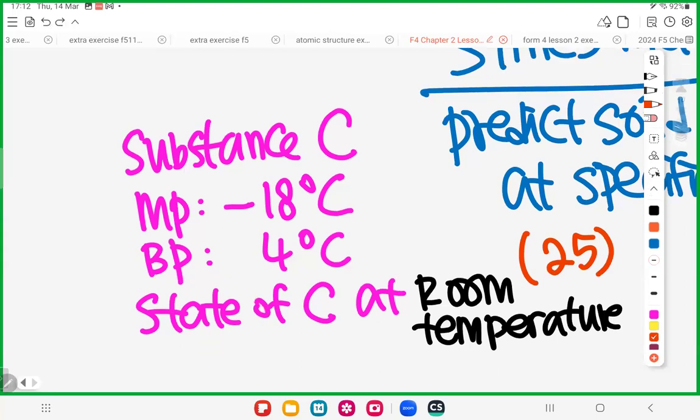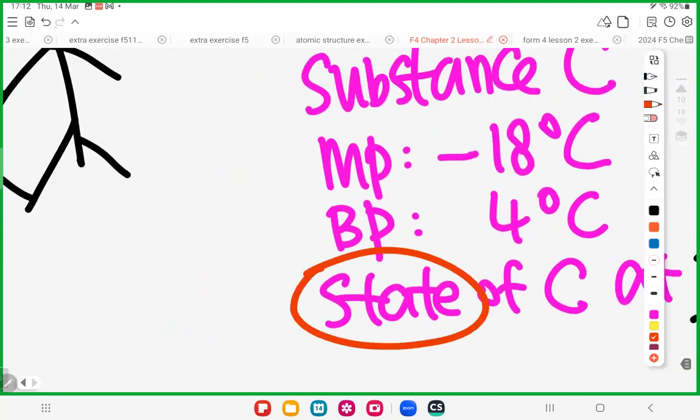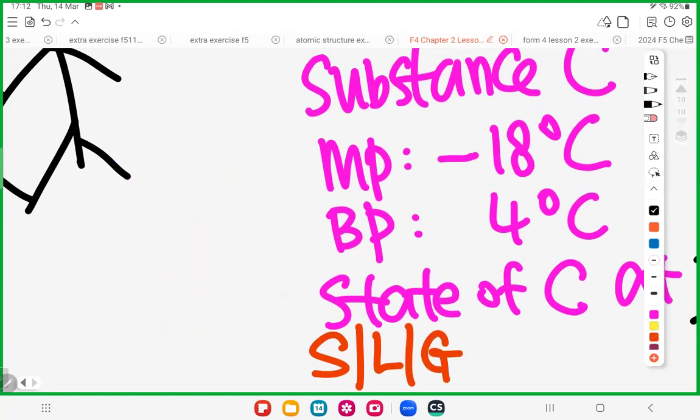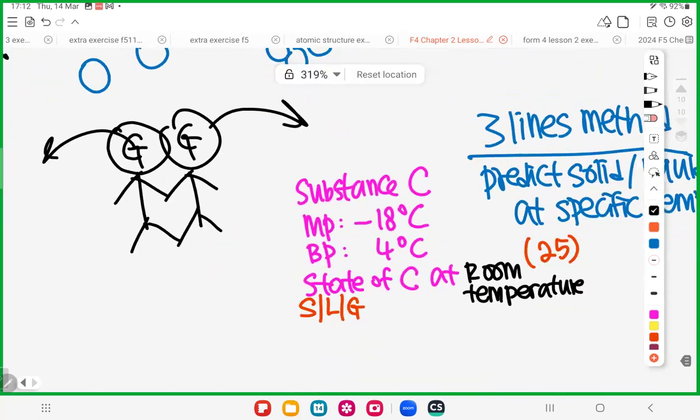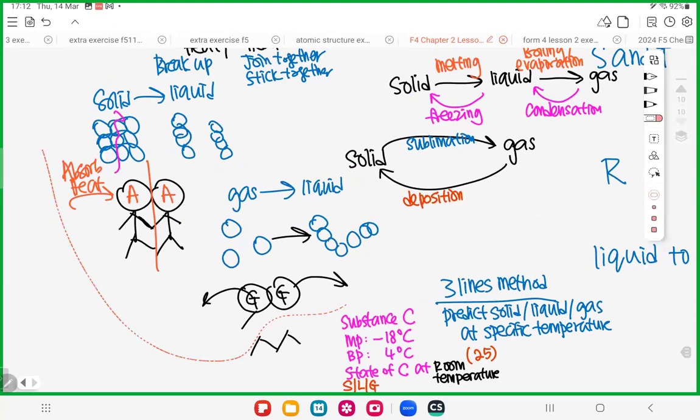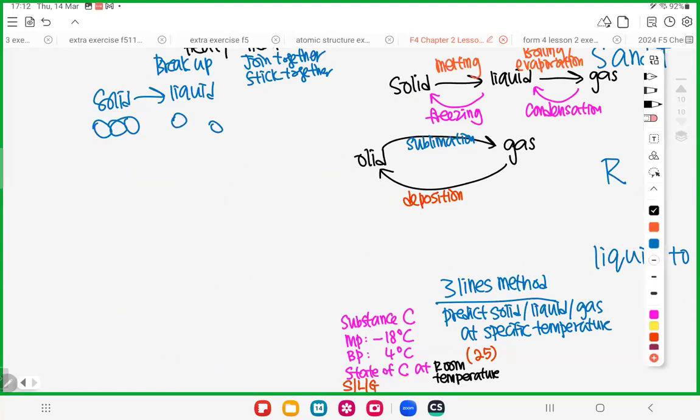When you see the word state, which means the answer has to be a solid or a liquid or a gas. That's it. Now, to do this kind of question, we can use a 3 lines method. So 3 lines method, draw 3 lines. First line, second line, third line.